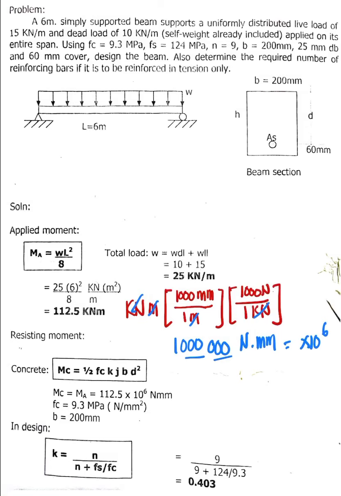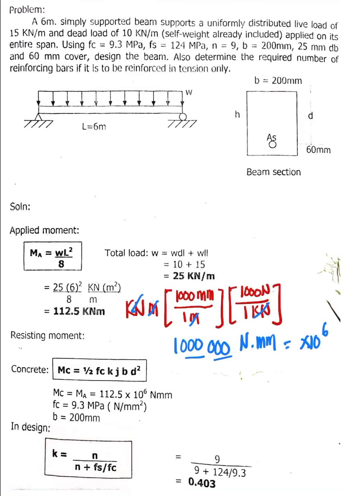And then you have your fc, so not fc prime but fc, that is equal to 9.3 megapascal. Megapascal is equal to Newton per millimeter squared. And then the base is given, which is 200. So this is a design problem.